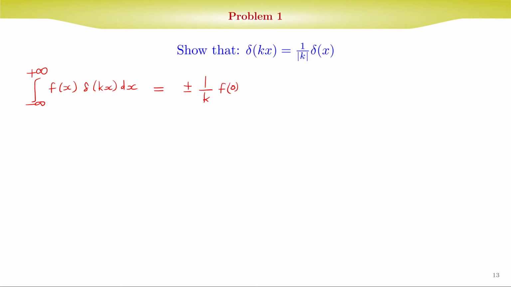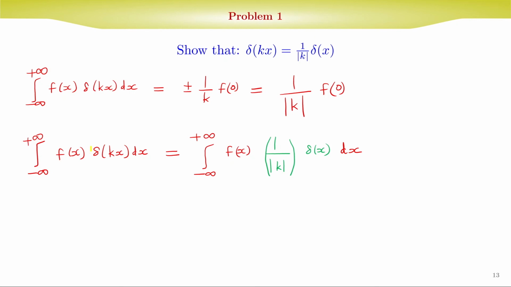We see from this expression that when k is negative, negative times negative is positive and the value of the function is positive. When k is positive, positive multiplied by positive is positive and therefore the function is again positive, f(0). And therefore we can write this as 1 over modulus of k times f(0).